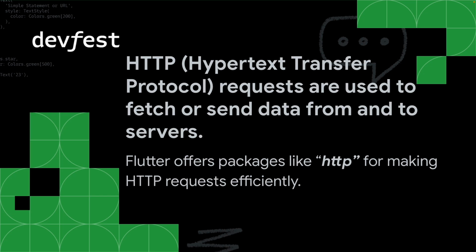Now in Flutter, there's a package called http, which is officially supported by the Flutter team, that you can easily use to make these requests. There are other third-party packages out there like Dio, Retrofit, and Chopper. There are others that I don't know of, but I know there are quite a lot. You can make use of all these packages to make HTTP requests to and from a server.